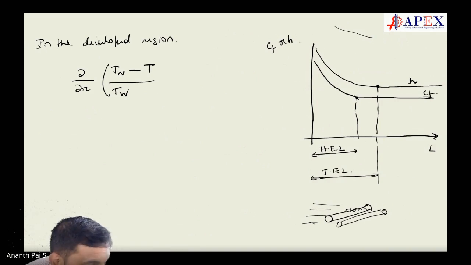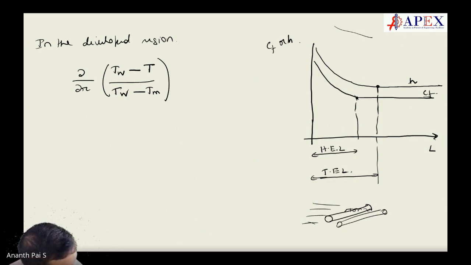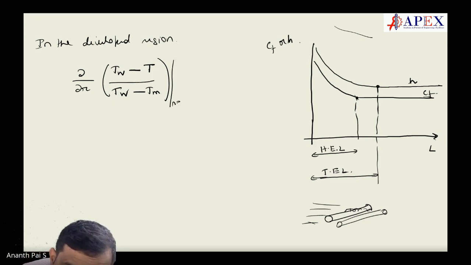This T is the local temperature at that position, at any r equal to R.